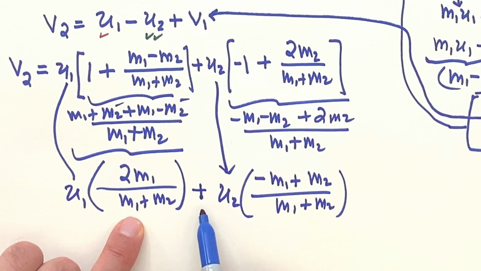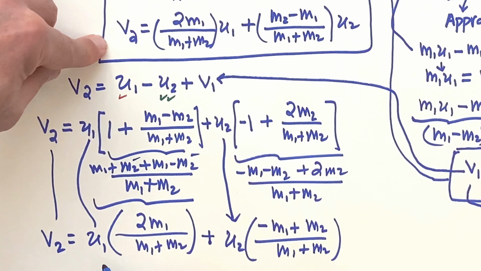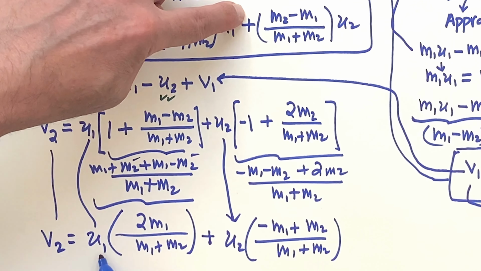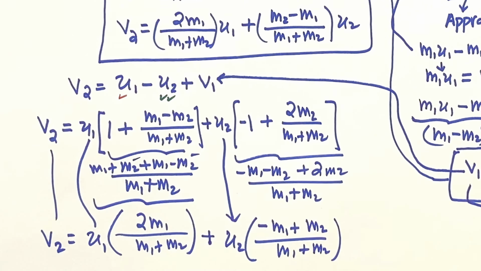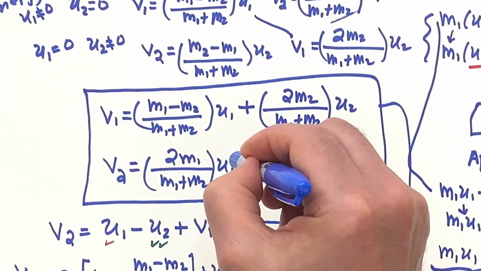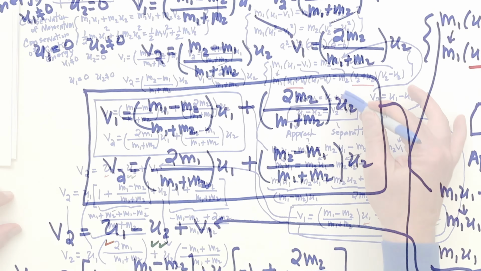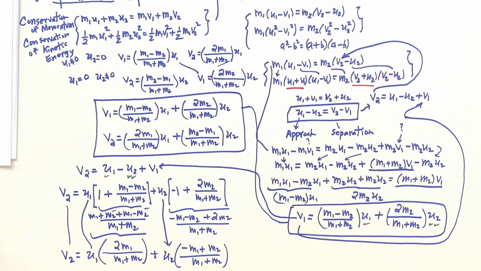But if you look at this, this is what V2 is, and let's compare up here. 2M1 over the sum, hit the U1, and then here M2 minus M1 over the sum. I got it, that's it. So I wrote this down using the symmetry argument that saves the time of doing all this calculation. Although this is good for us, gives us training, and we do the problem in 2 ways.